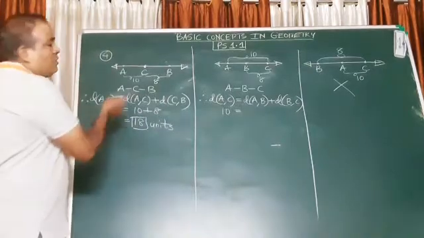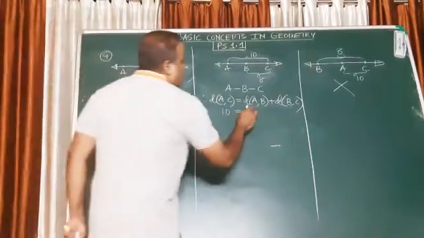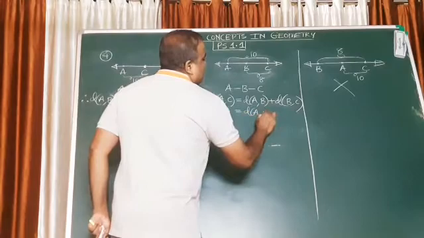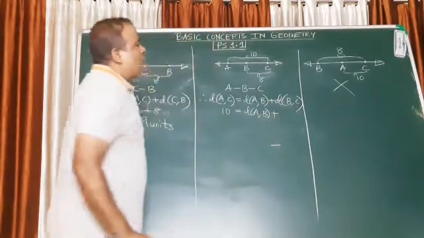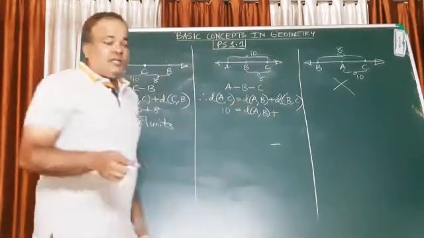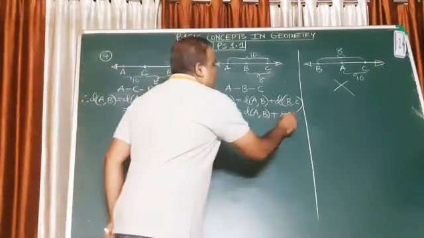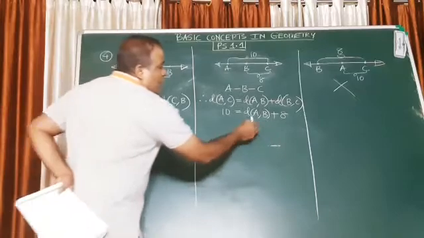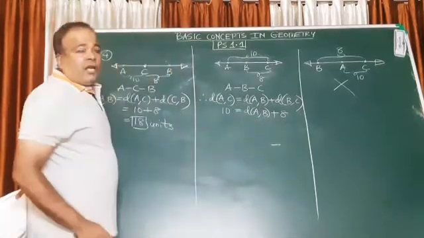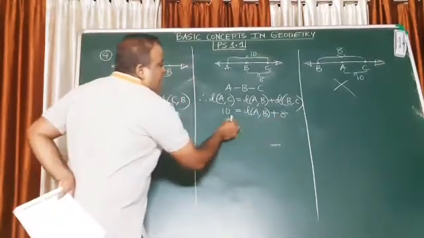What is the distance AB given to you? No, you have to find the distance AB out. So write this as it is, plus the distance between B and C. It is given in the book, B and C or C and B. How much is that? 8. Now you want to find the distance A and B, so take that 8 to the left side.